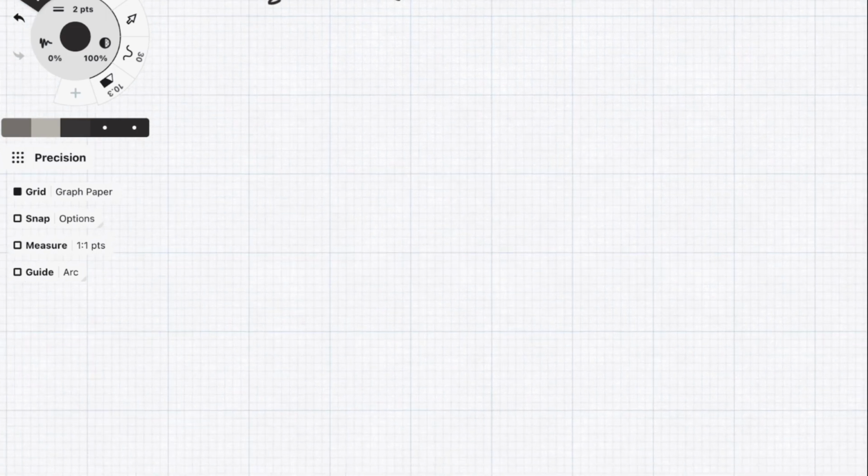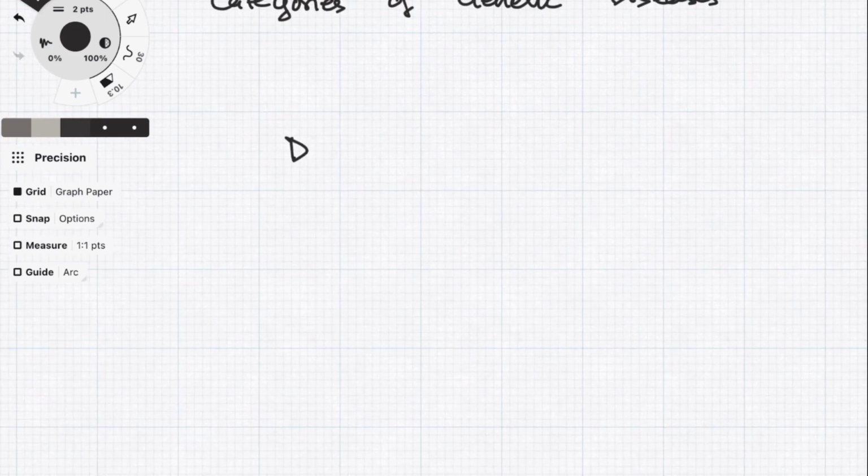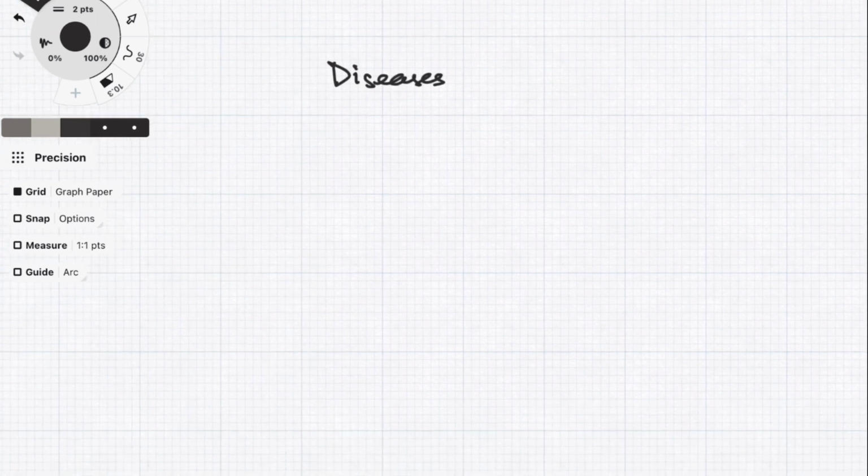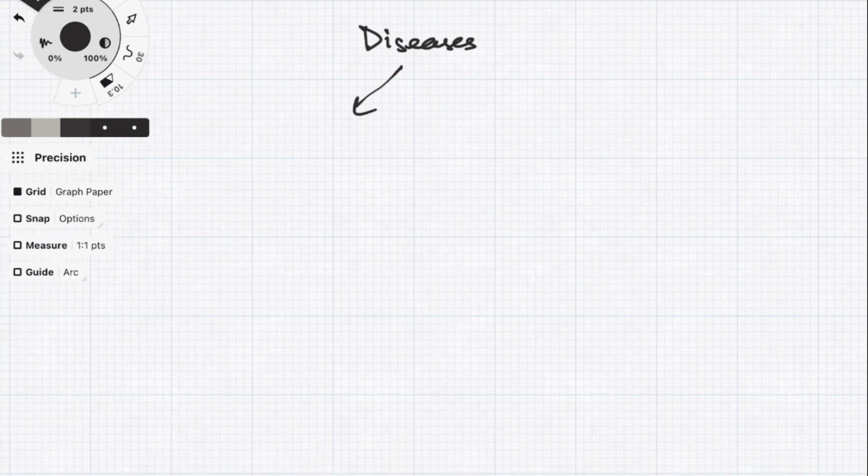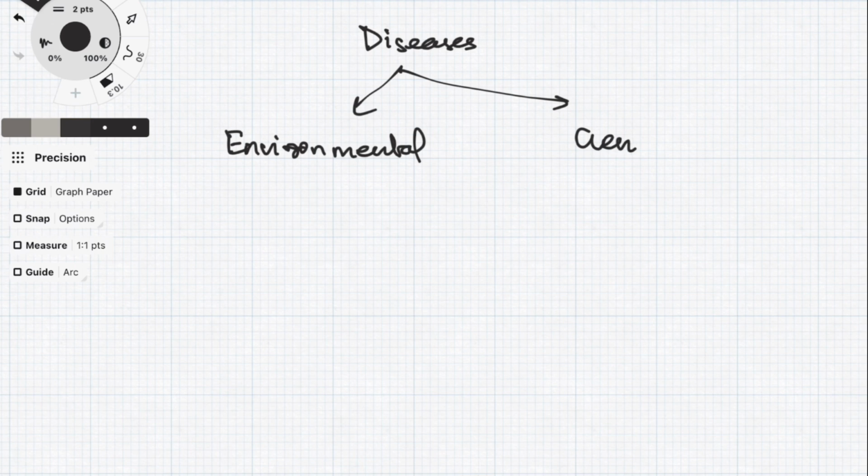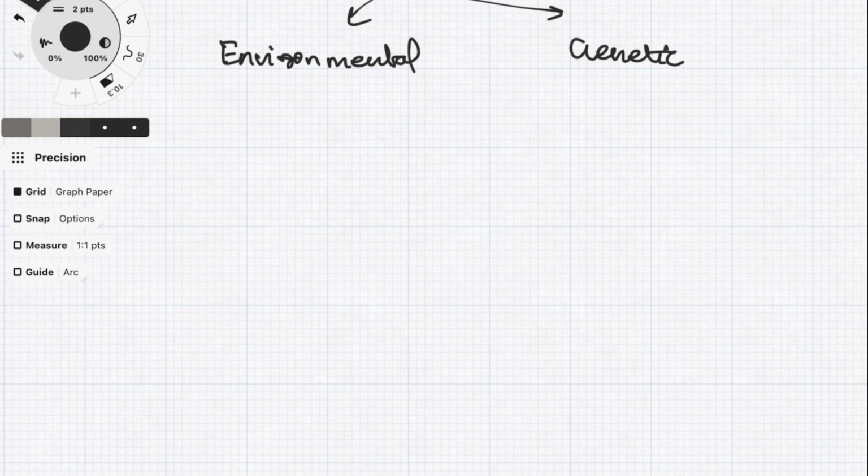Now, if you consider any disease, this disease may have many pathogeneses, and you can generally classify them as because of environmental characters, or it can be because of genetic, and the effect of each of these may vary.